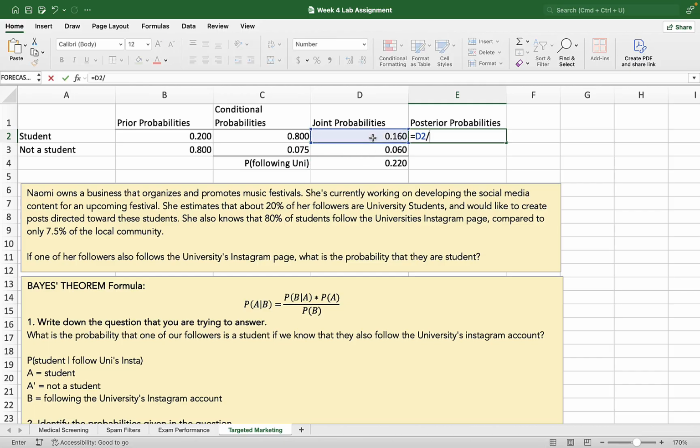Because basically 16% of our viewership is both a student and a university follower, out of the 22% of our viewership that is also just a university follower. So if we know that one of our followers also follows the university, we estimate that there's a 72% chance that that person is a student.